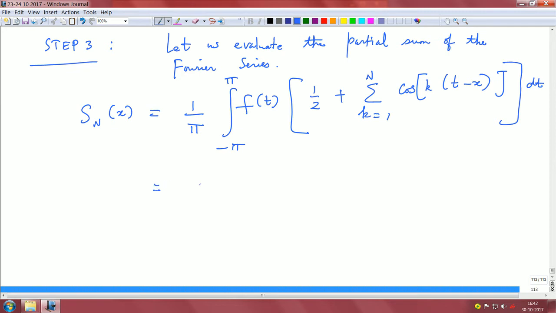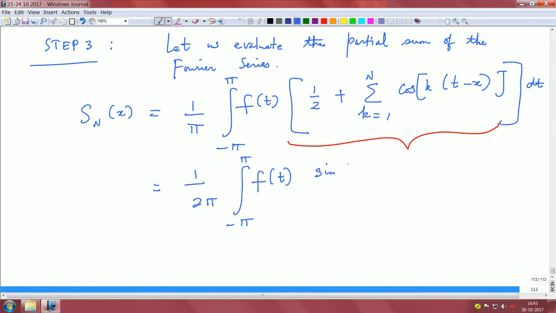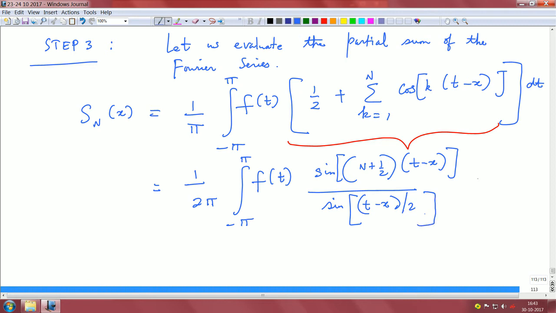Now, I write this in this form 1 upon 2 pi integral minus pi to plus pi f of t. Using the previous lemma, I can simplify this quantity as sine n plus half t minus x divided by sine t minus x upon 2 dt.